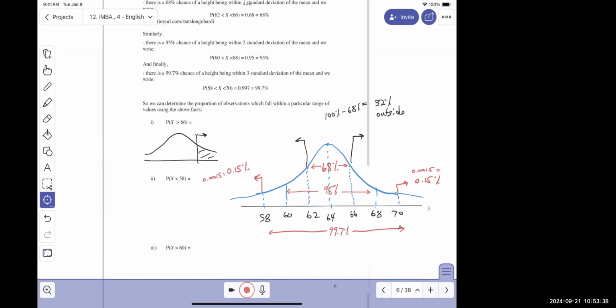So inside of 1 standard deviation is 68, outside is 32, but there's 2 outsides, there's 2 sides. So it has to be 16% on each side.